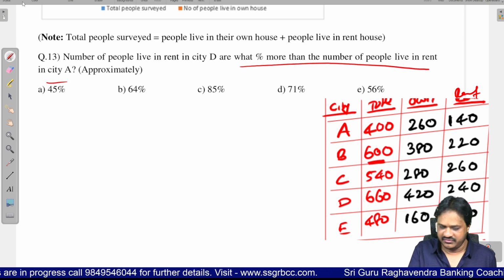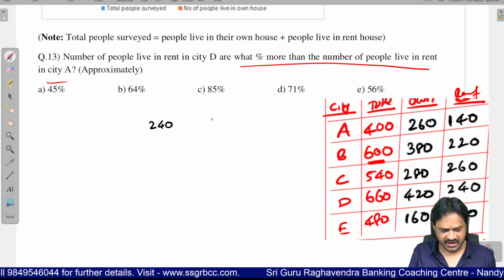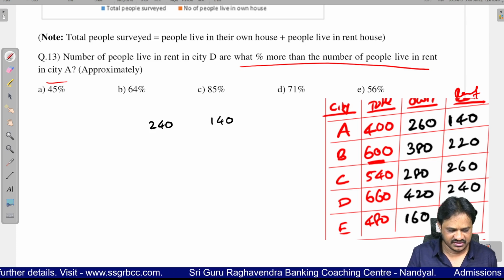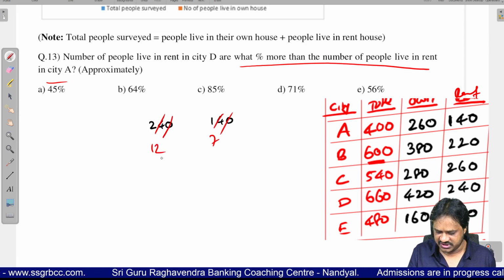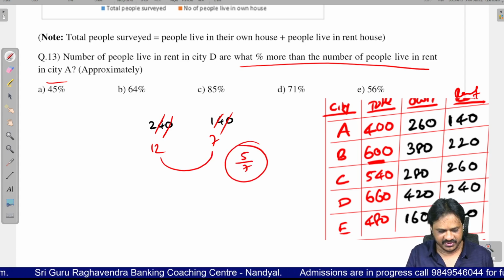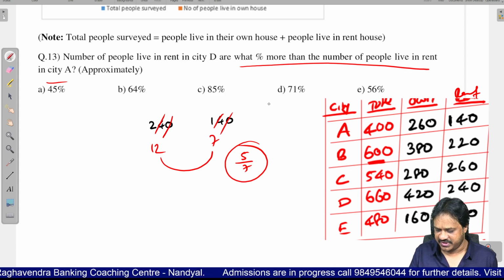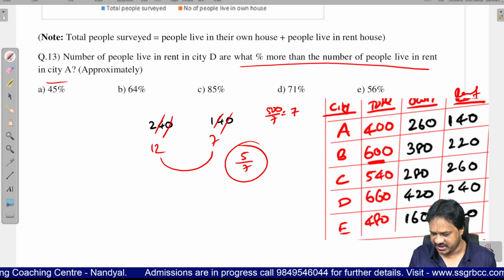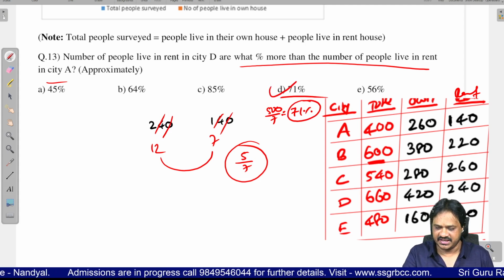D rented we are having 240 and A rented we are having 140. If you do the simplification, you may cancel 0, 0, 2 12s, 2, 7. 12 is how much more than 7? It is nothing but 5 by 7. So 5 by 7 is nothing but, it is what percent? So it is nothing but 500 by 7. 7 sevens, 49, 7 ones. Approximately we will get 71% as the correct answer.